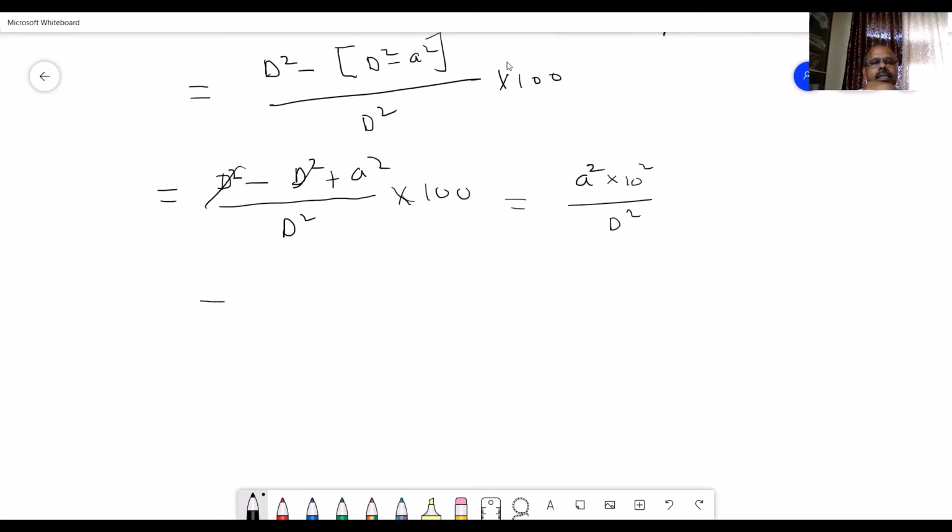So we can write it as 10A divided by D, whole square, percent.